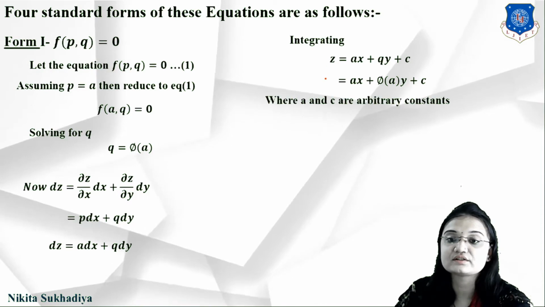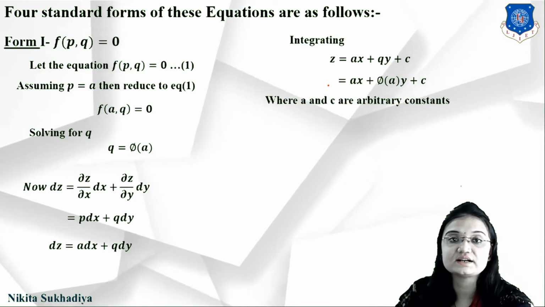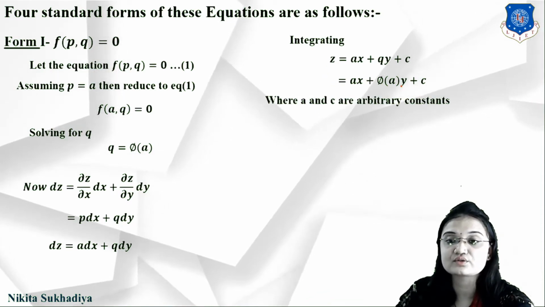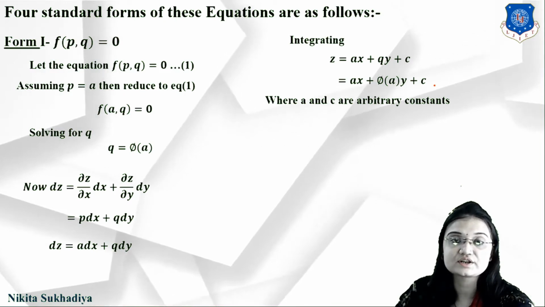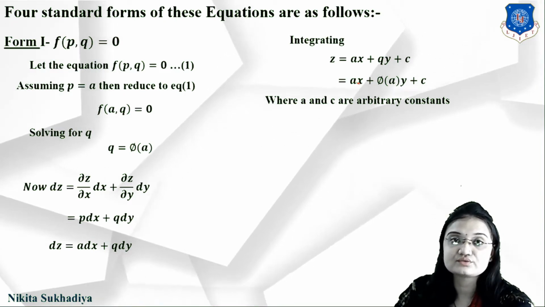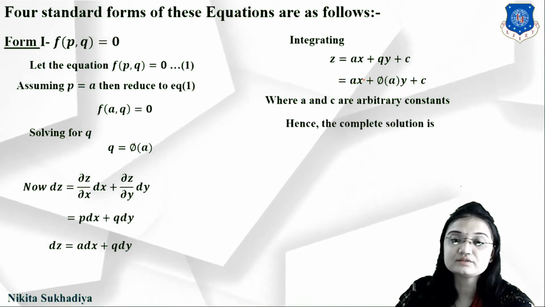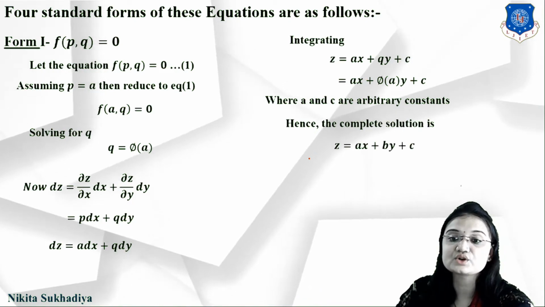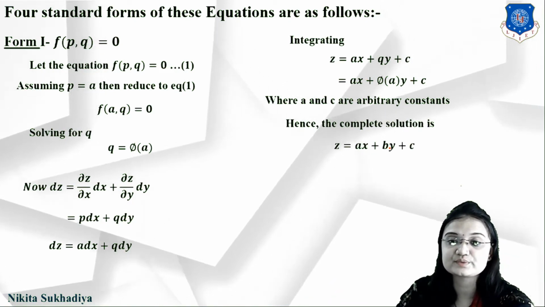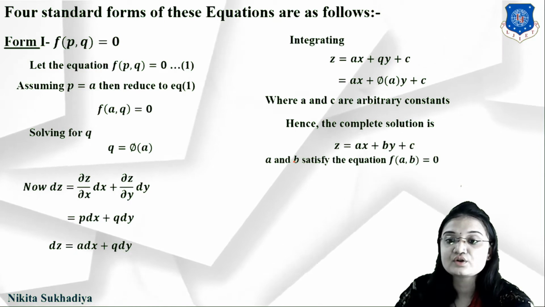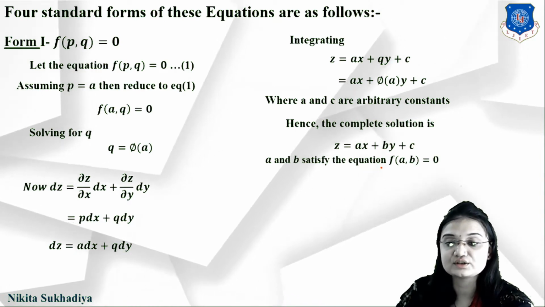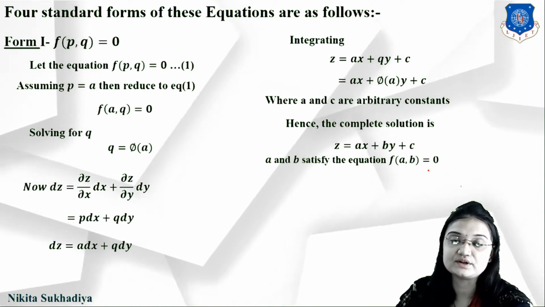So our complete solution is z is equal to ax plus phi of a into y plus c, with only one constant, either a or b. So the complete solution is z is equal to ax plus by plus c, where a and b satisfy the equation f of a, b equal to 0.